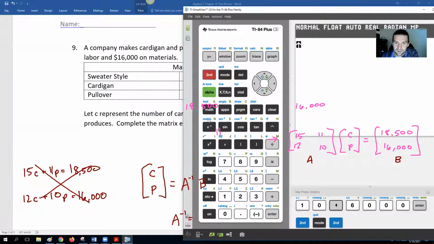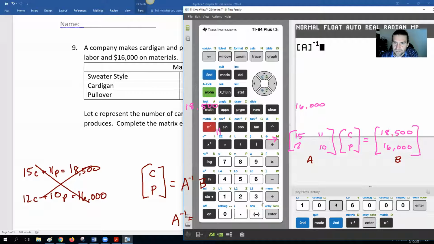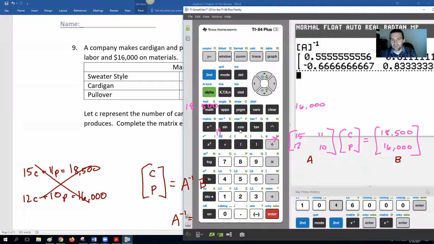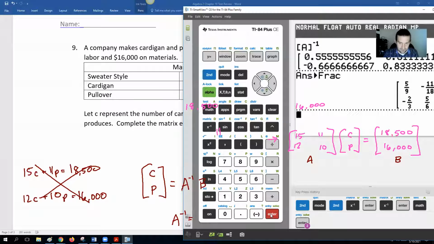First thing we're going to do is go to matrix and go to A. We're going to press this button here with the matrix to get the inverse. If that looks scary, we're just going to press math, enter, enter. It will turn it to fractions. So the inverse of matrix A is 5/9, negative 11/18, 2/3, and 5/6.